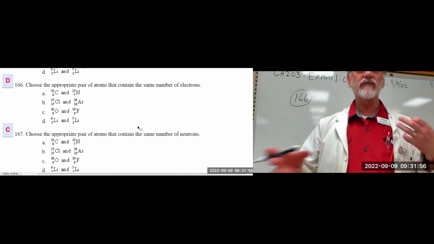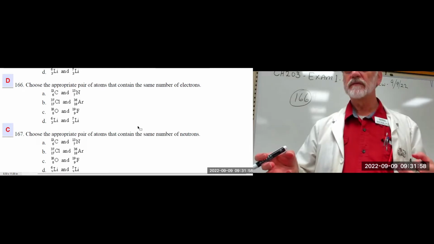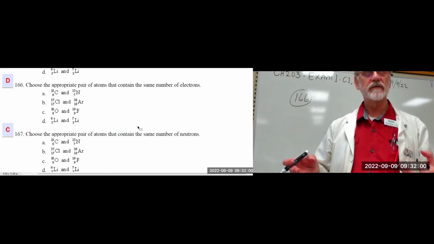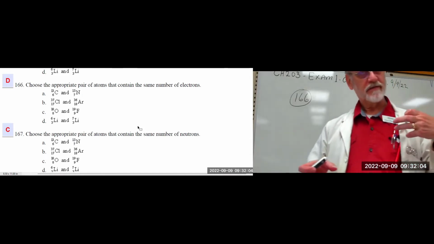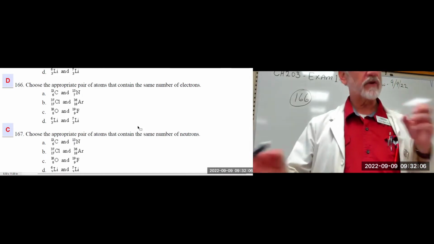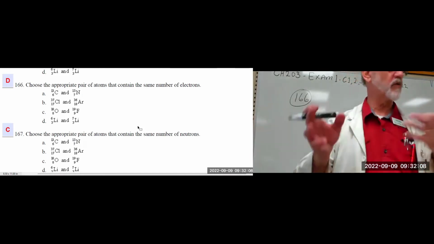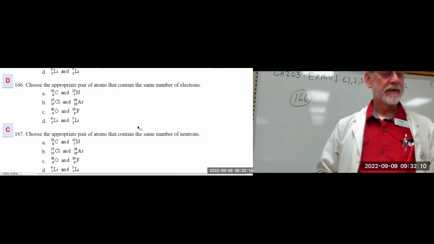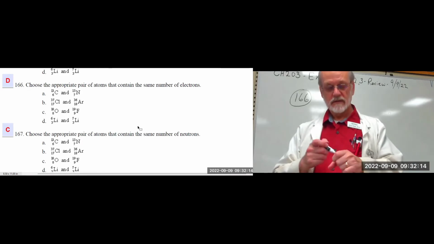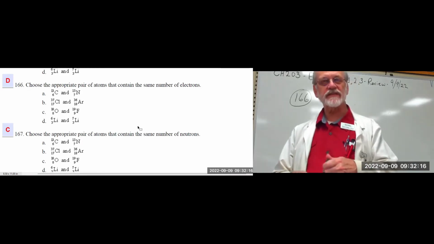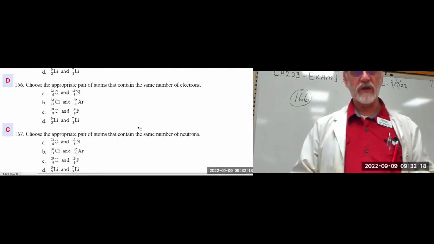So the Z numbers have to be equal also, if the number of electrons are equal. This is just testing if you know that in a neutral atom, the number of electrons is equal to the number of protons. It's just another way of asking the same question. So that's lithium also for this one. In order to have the same number of electrons, it has to have the same number of protons.